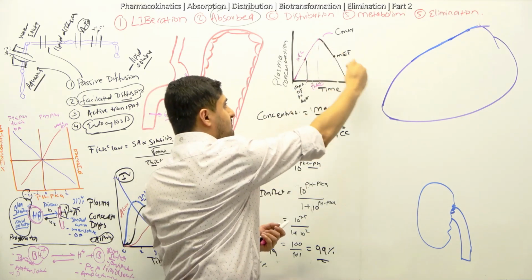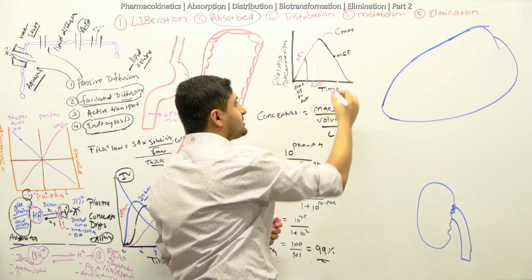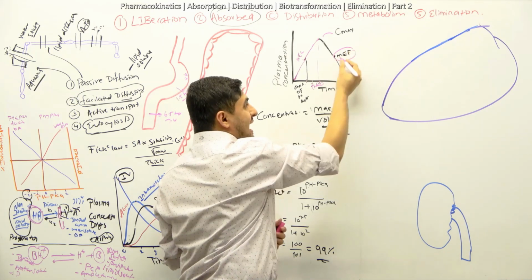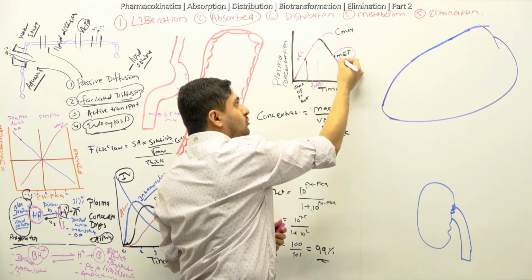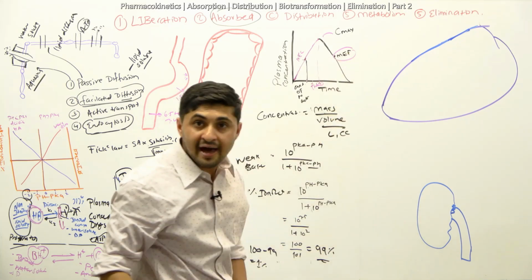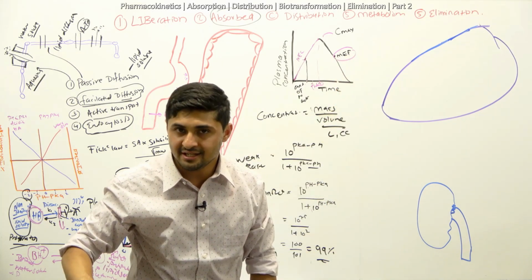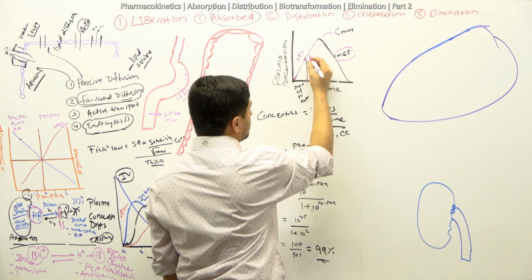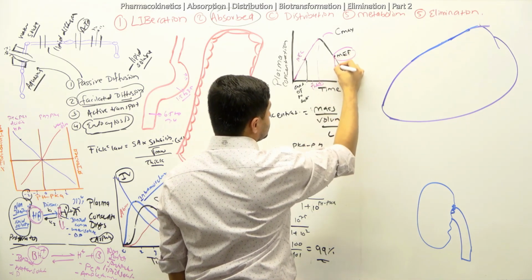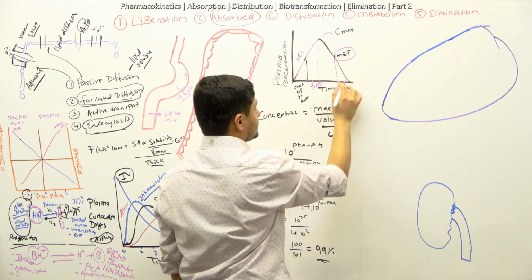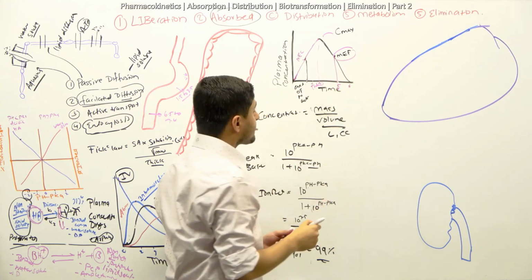And after that, biotransformation happens, metabolism happens, and then it becomes an inactive form. And once it reaches the minimum effective concentration, the drug will no longer have effect, and then it will get excreted out through your kidney, okay? And let's say this is 4, this is 5 hours and this is 6 hours.